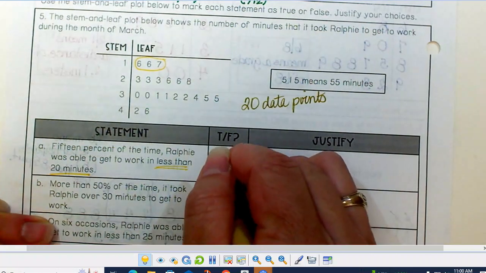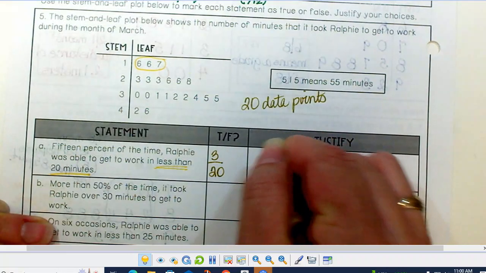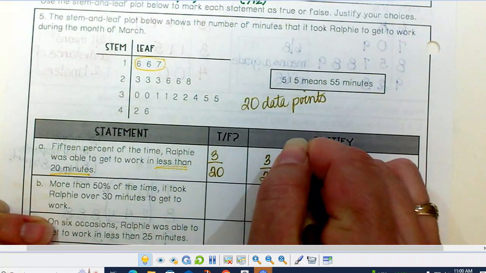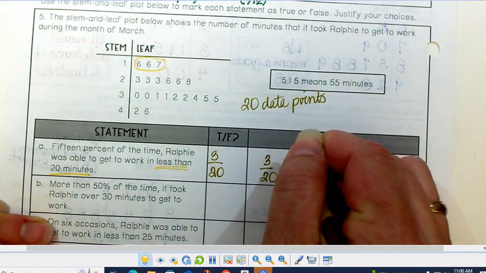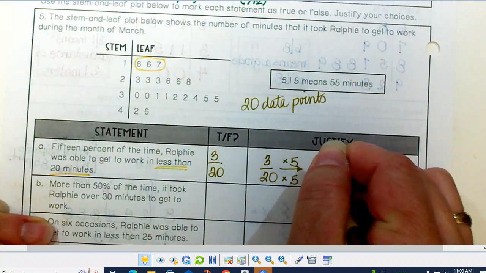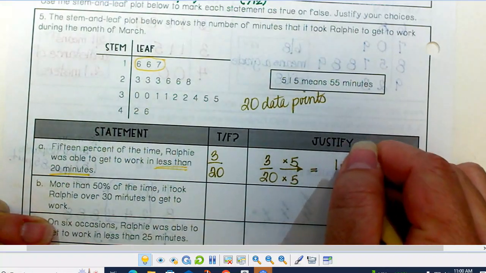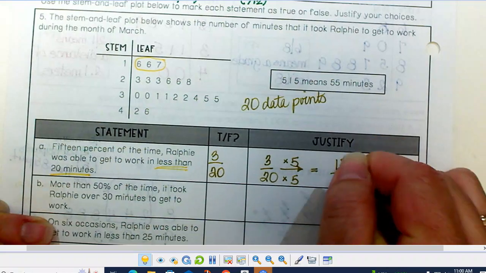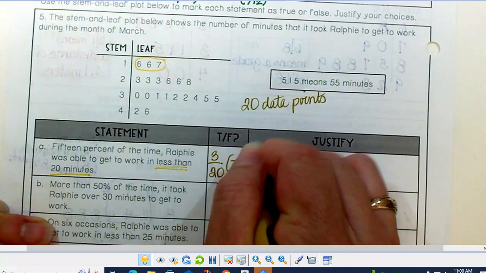All right, 3 out of 20. If I multiply this times 5 and this times 5, then I get 3 times 5 is 15 out of 100. That is 15%, so that is true.